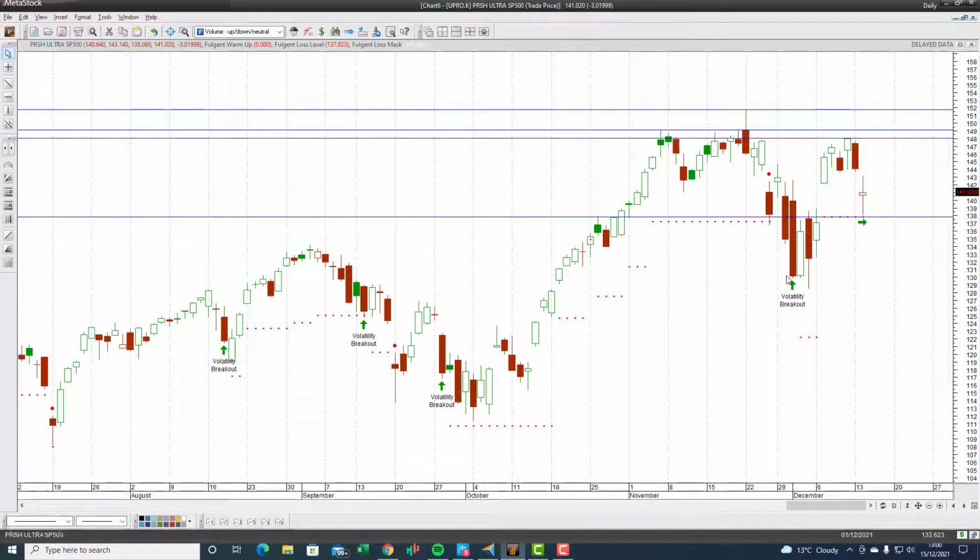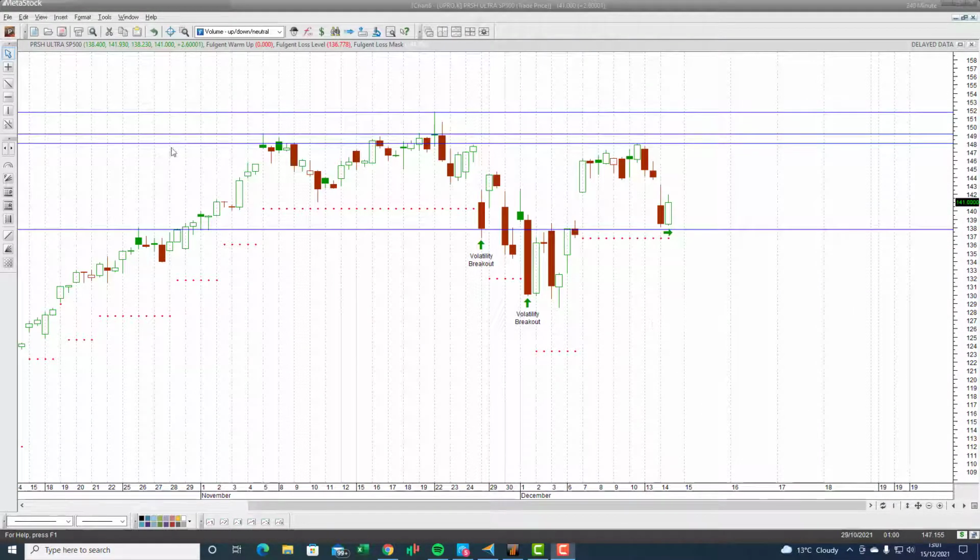The AI so far is showing some really good swing trade signals on these two ETFs. On the intraday 4-hour we've also had a volatility breakout here at 130, and the stop loss has moved up, a much tighter stop loss at 137 now, but the AI is still long the market into the year end.